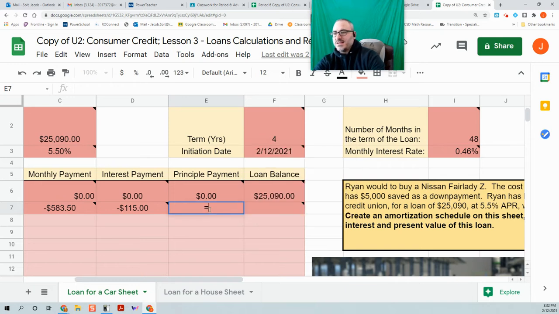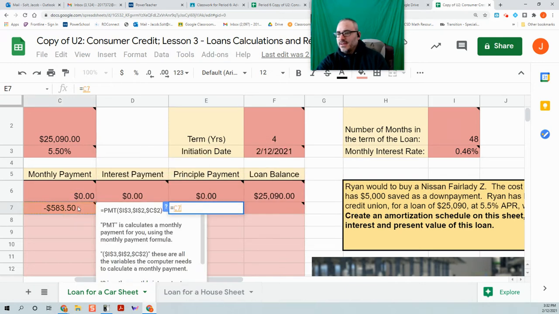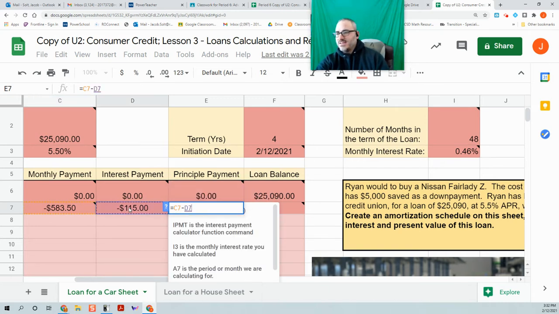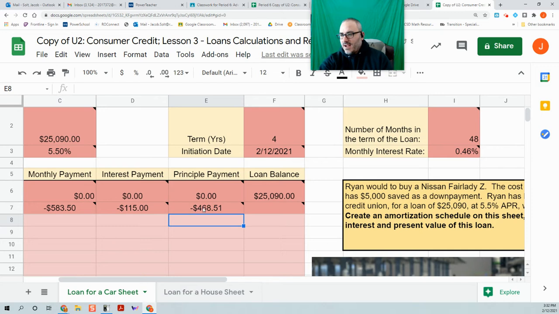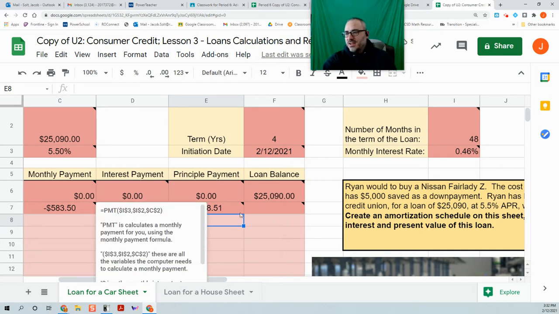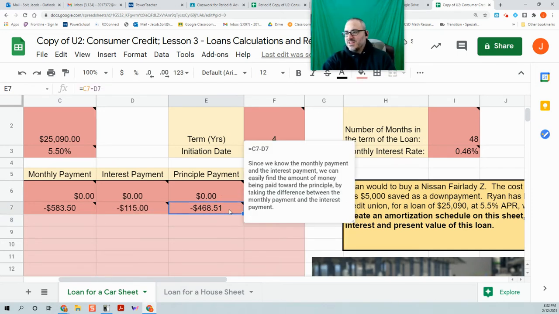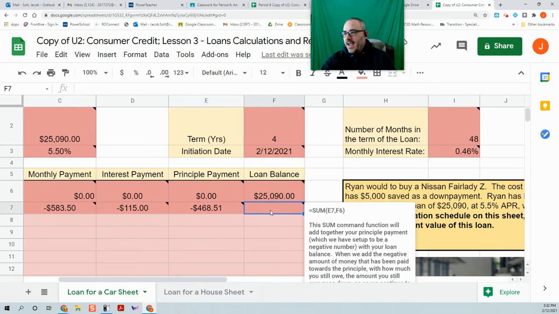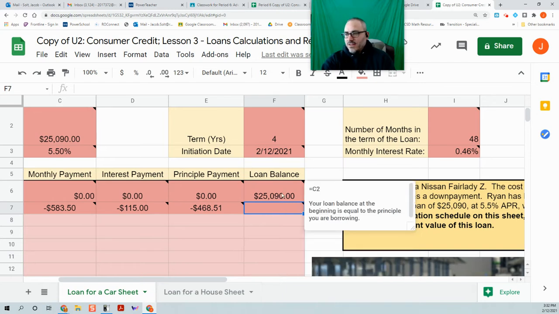So all I've got to do is make this equal to cell C7 minus D7, right? And then I see how much went towards principal. So for this first monthly payment, $468.51 went towards the principal. And now I need to find the loan balance.